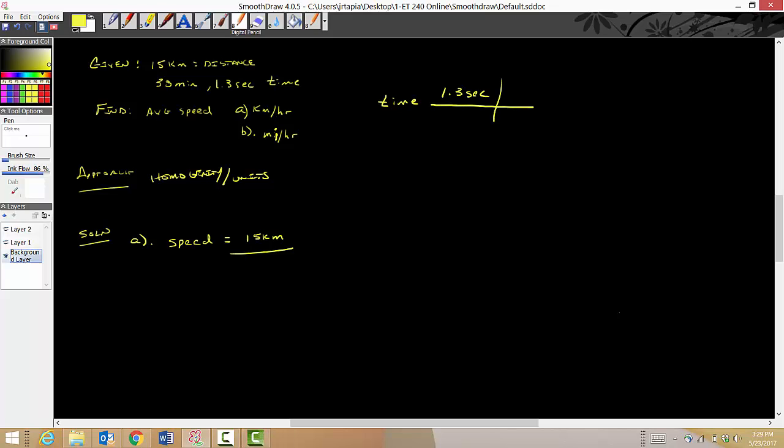Now we've got to go to hours, so we're going to say, okay, 1 minute is the same as 60 seconds, and we know that 1 hour is equal to 60 minutes. So by looking at this, we know that our seconds are going to cancel, and so are our minutes. So we're going to end up with hours.